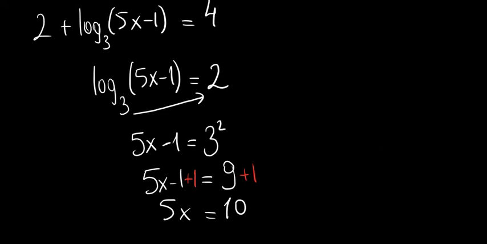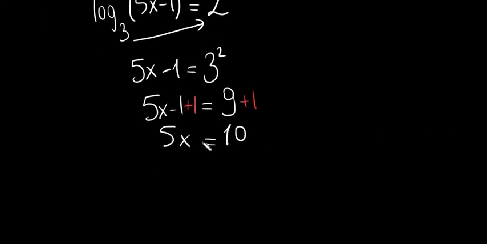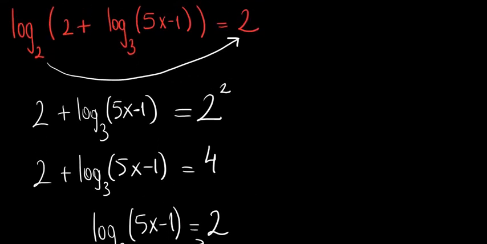And now I can divide both sides by 5 to get x. So 10 divided by 5 will be 2, or 5 times what is 10? So x is just going to be 2. So this is the answer to this equation. Okay? So x is going to be 2.